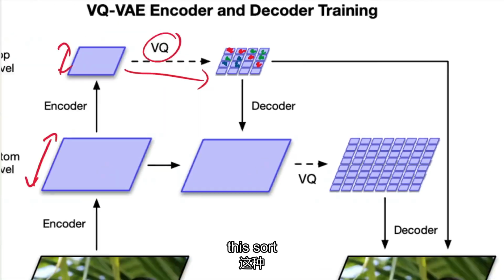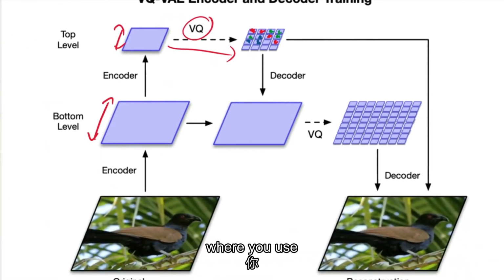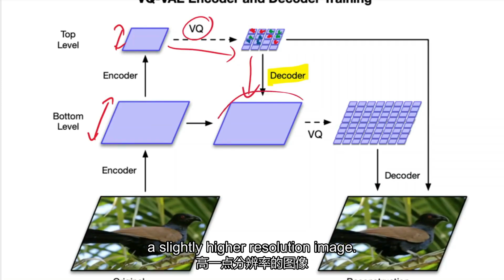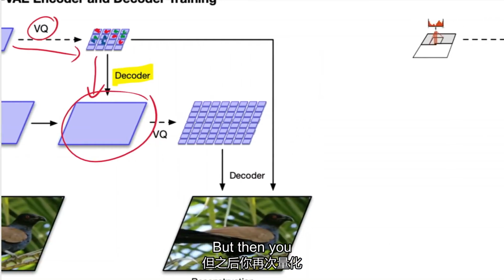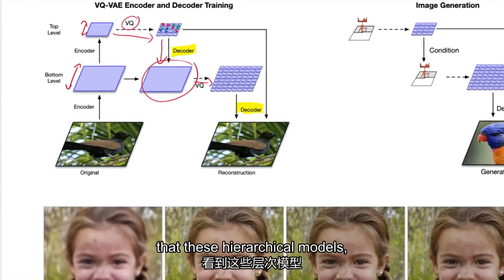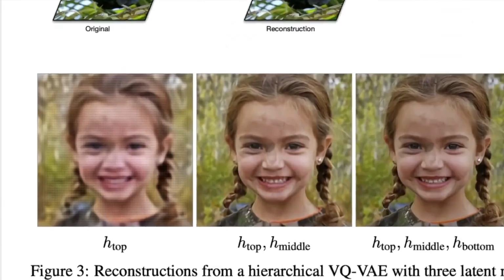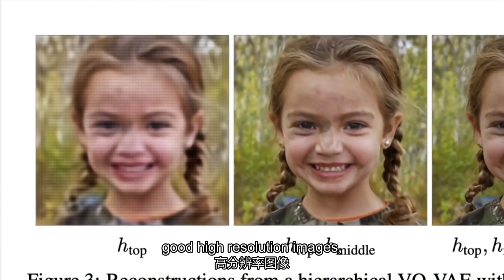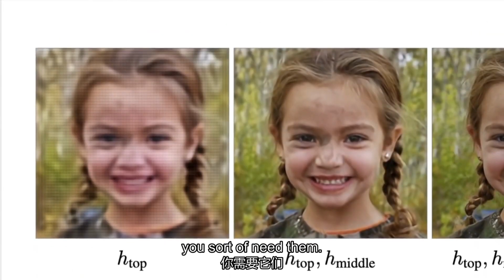And then you do this sort of hierarchical thing where you use a decoder on this level to produce a slightly higher resolution image, but then you quantize again and you use a decoder at the next level to produce an even higher resolution image. So you can see that usually these hierarchical models, if you want good high resolution images, you sort of need them.